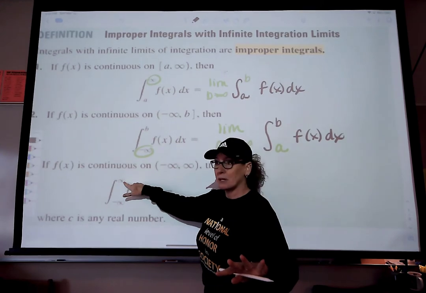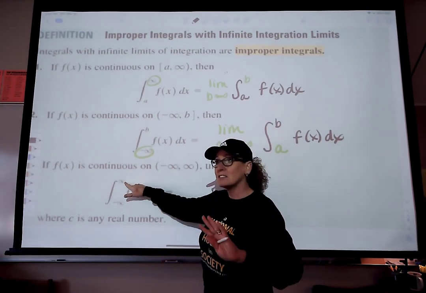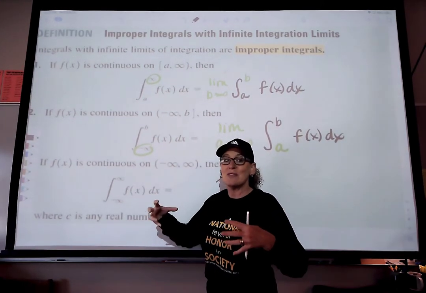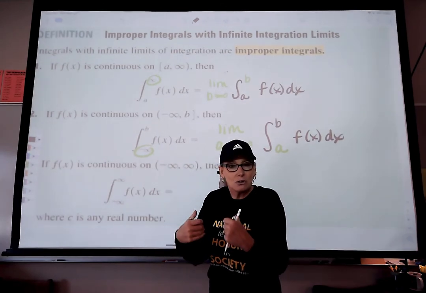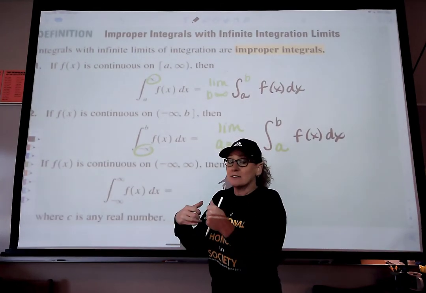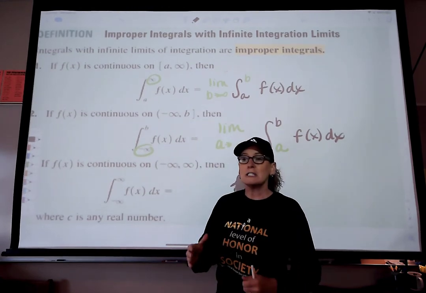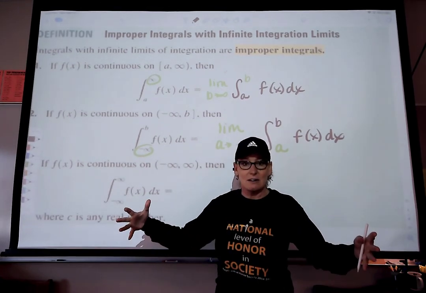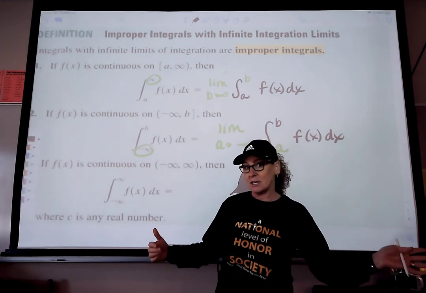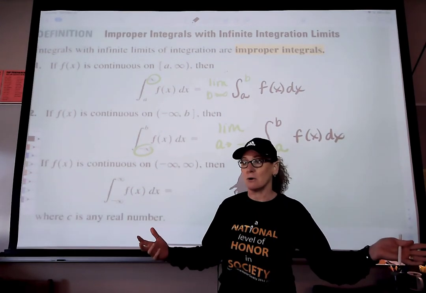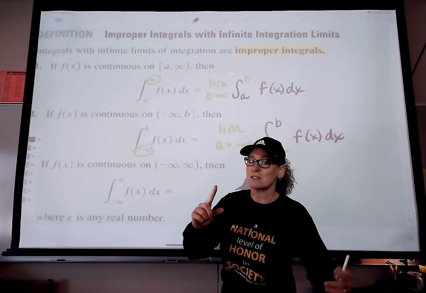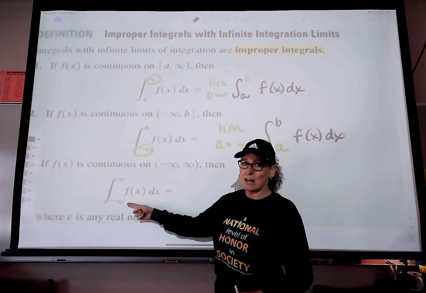This needs to be replaced with a variable that we're going to send to positive infinity, but I can't do that with the same integral. So I need to split my integral. Where is a good splitting place from negative infinity to positive infinity? Probably 0. 0 is one of my favorite numbers, especially when evaluating an integral.